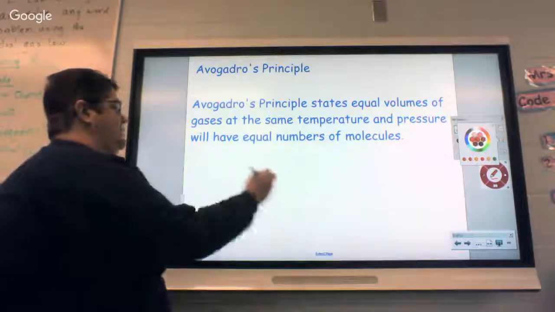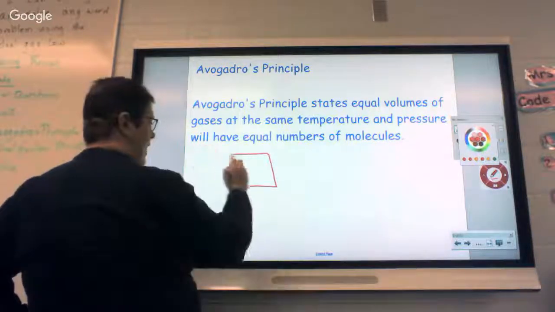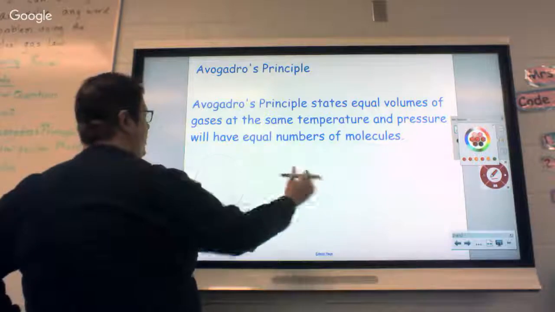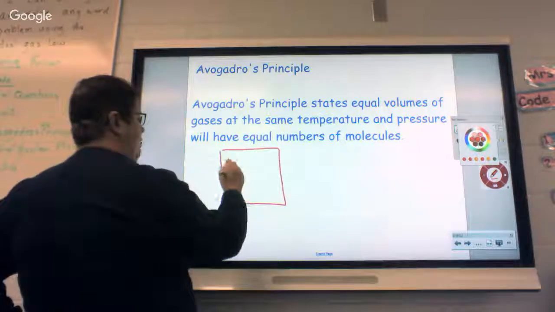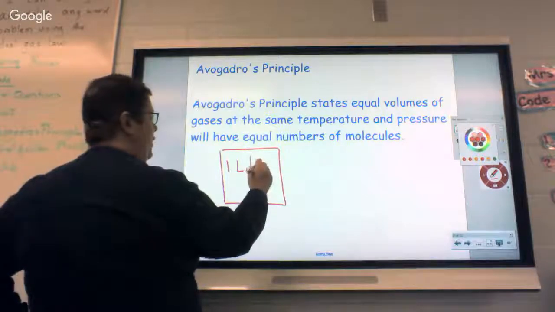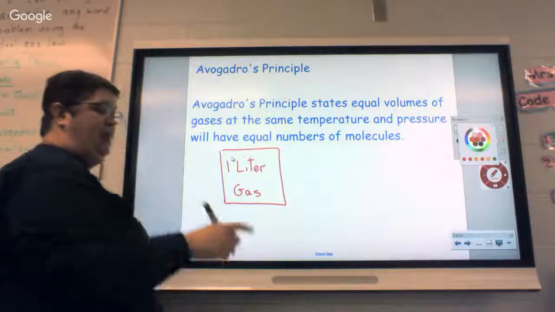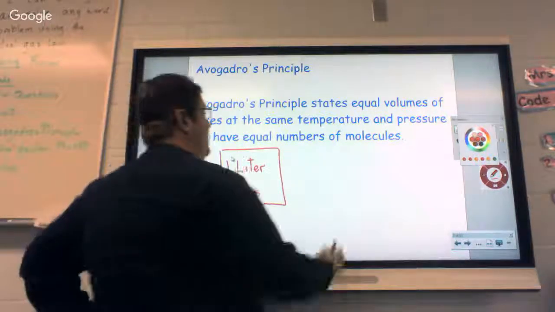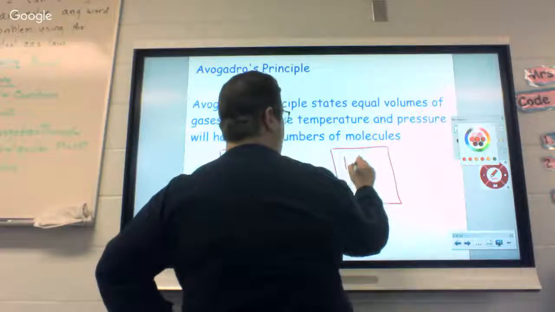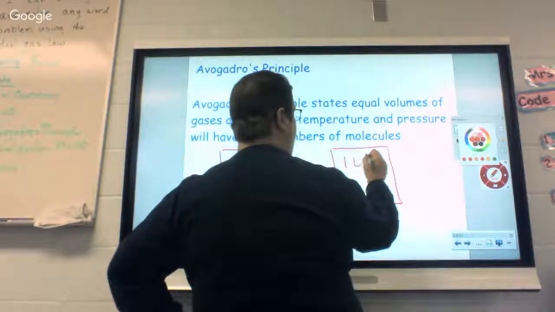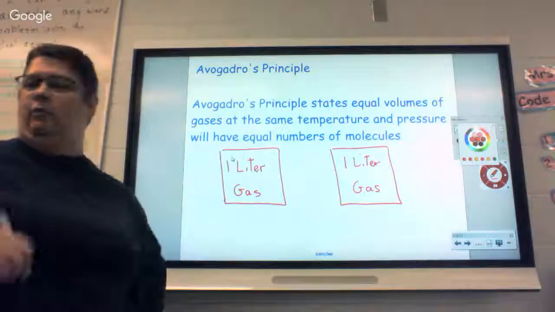Now, he said essentially that if we know that this container has 1 liter of gas, any kind of gas, oxygen, helium, nitrogen, whatever gas you got, and we know this other container of gas also has 1 liter of gas. Right? They both have 1 liter.